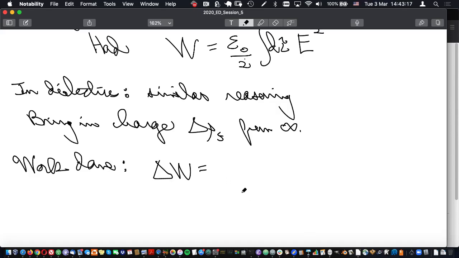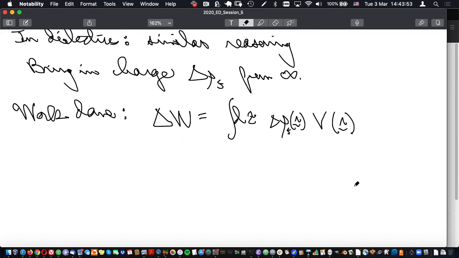Well, I have a present potential, V of r, and when I bring in this little delta rho, the energy associated to that is just delta rho times the potential. So if I have this little charge distribution there, to compute the work I need to bring this extra charge there. Just integrate this little delta rho free of r times the potential at that place. And that gives me the increased amount of energy in my system.